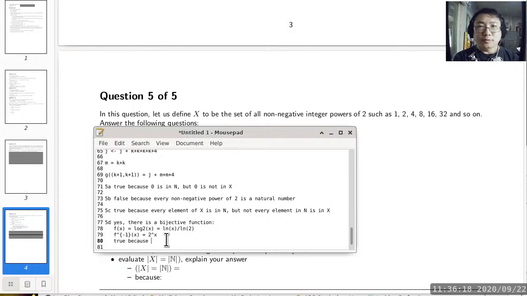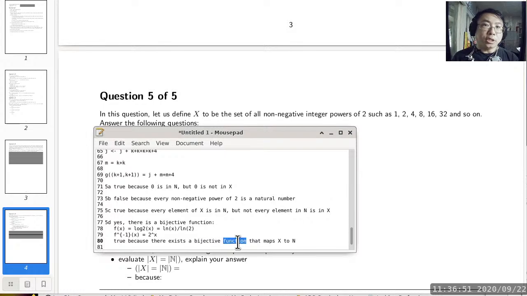You just have to say, because there exists a bijective function that maps x to n. I can't really type the fancy n here, but that n is supposed to be the set of natural numbers, and x is the set of all non-negative powers of 2. So this is already sufficient. The keyword that needs to be here is bijective.